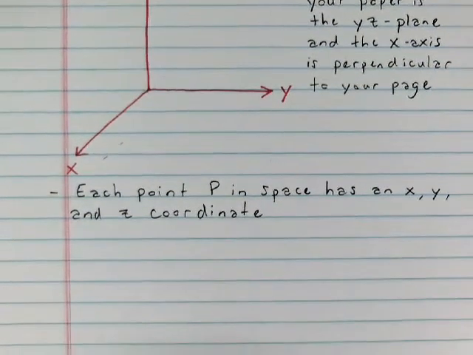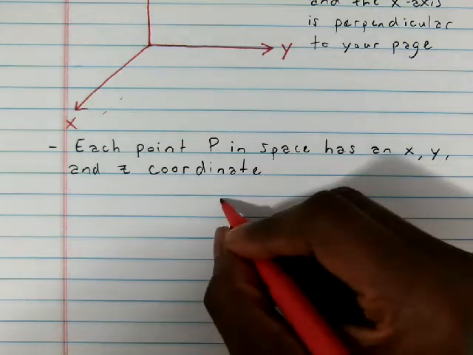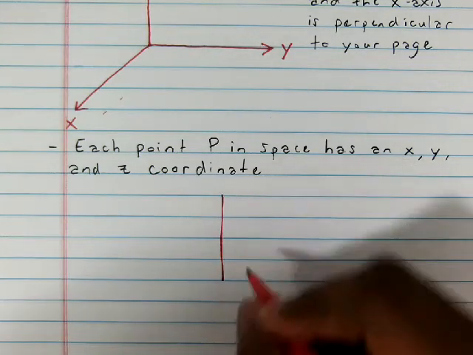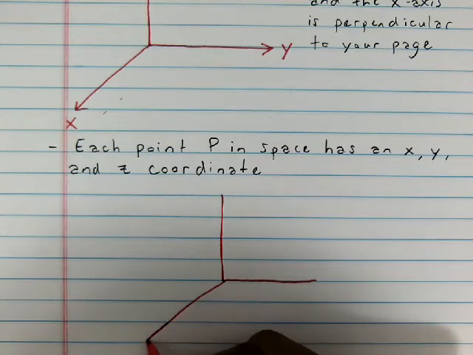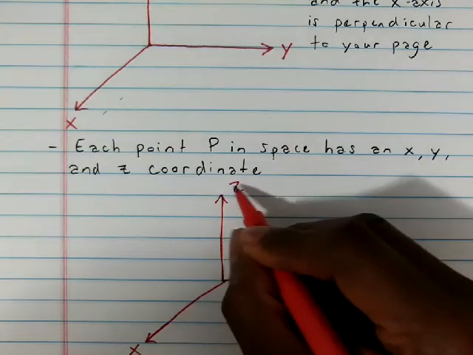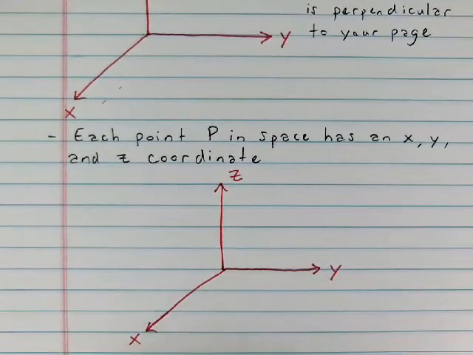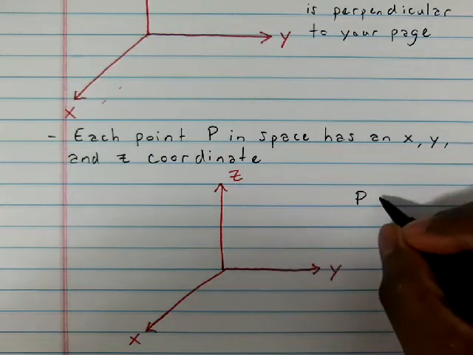So, for example, I'll make another set of coordinate axes. And say I want to sketch the point.